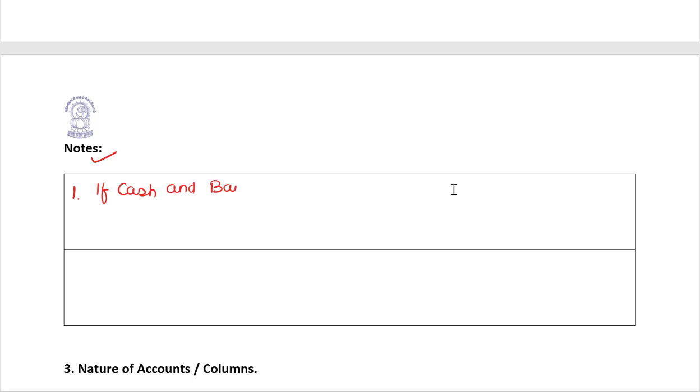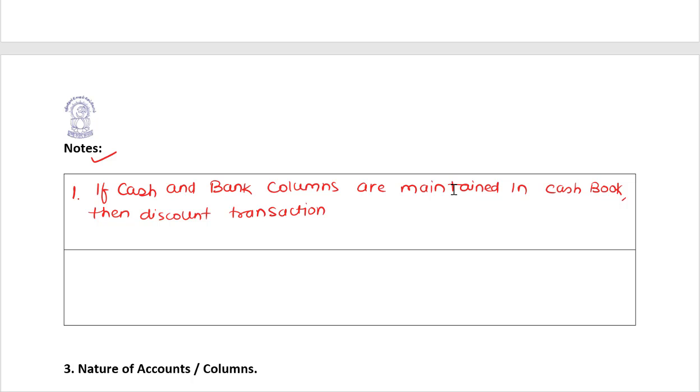If cash and bank columns are maintained in the cash book, then discount related transactions are recorded in the journal proper. Okay.